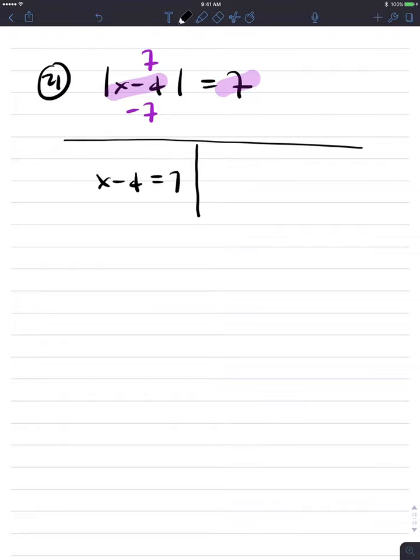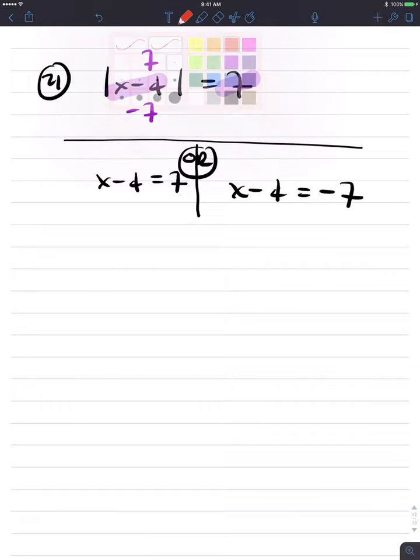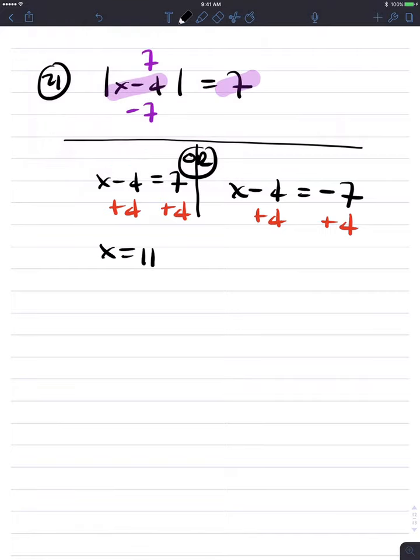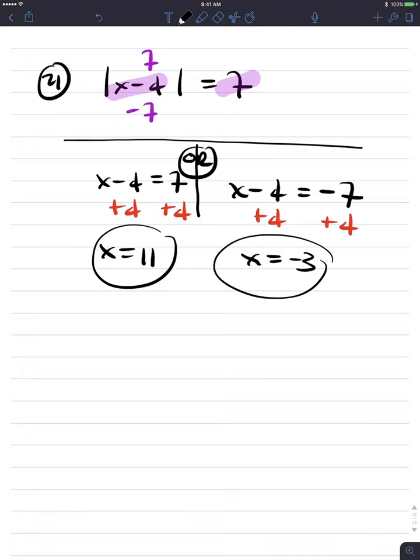X minus 4 is positive 7, or x minus 4 is opposite, it's negative 7. We have a linear equation to solve, actually two. We're going to add 4 to both sides. We're going to end up with x is 11 or x is negative 3. These are our values. And we're done.